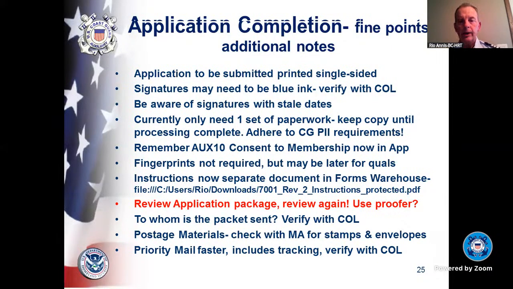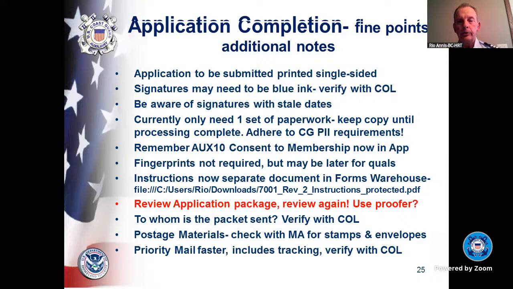Currently only need one set of paperwork. I know in years past we used to have to send in 2 sets of paperwork, so that's no longer the case. Some districts may email these to their DIROCs. That's a different situation. I know in mine, we are mailing in physical paperwork to our Director of Auxiliary.